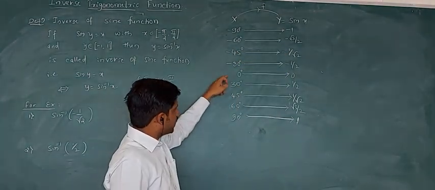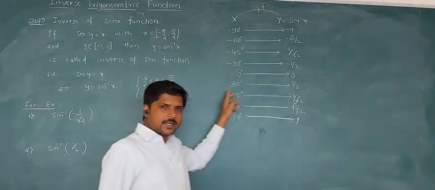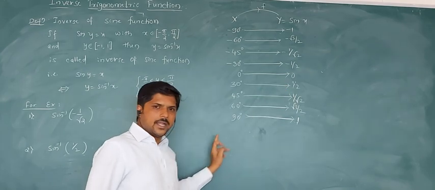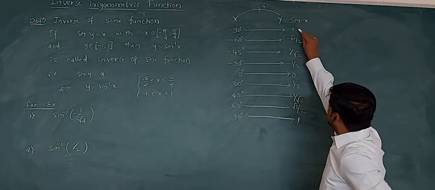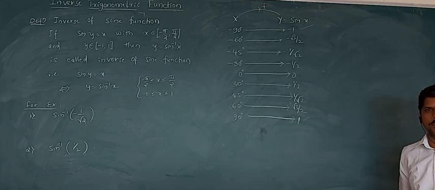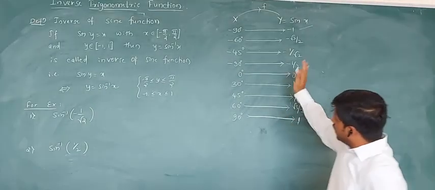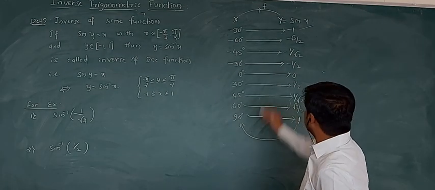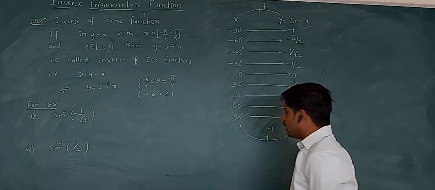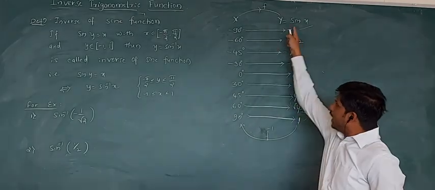What is sine 0 degree? That is 0. Sine 30 degree is 1 by 2. Sine 90 degree is 1. So here see the range: minus 1 to plus 1. Now check the reverse also, that is f inverse from y to x.